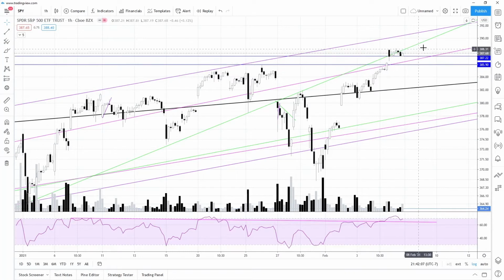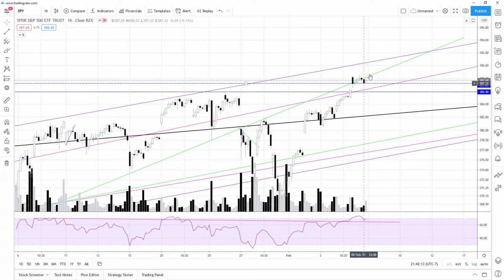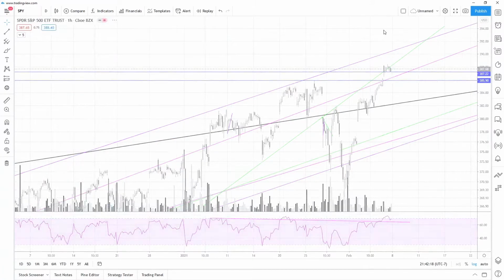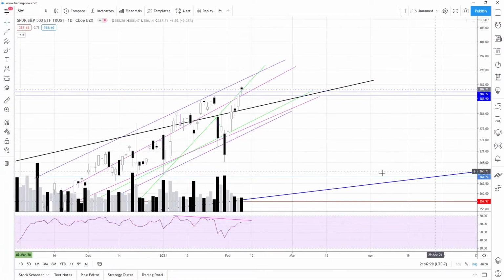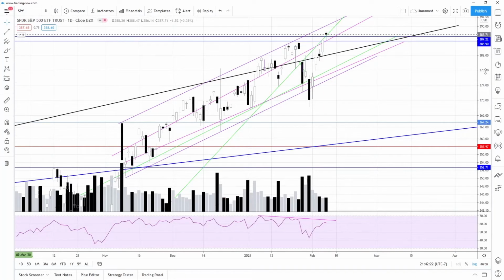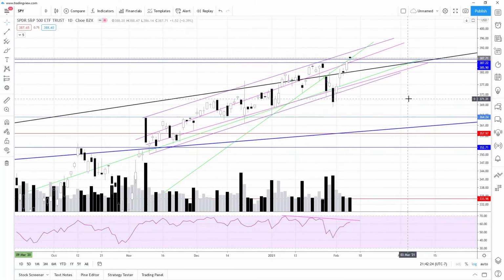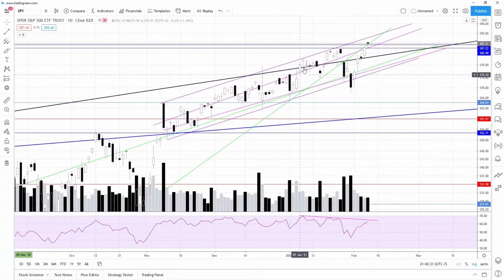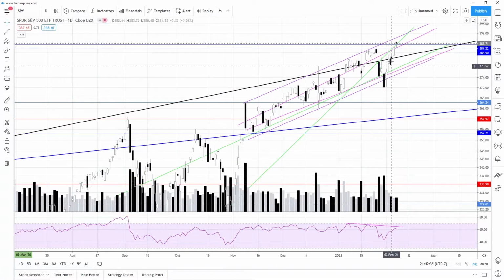Before that, the only importance about that level was that it was where the trend line stood. So if we are able to break above that, then we continue bullish on this market until we see another breakdown signal. But for right now, what I see is we basically broke down below this wedge, and then we're doing a retest of it.